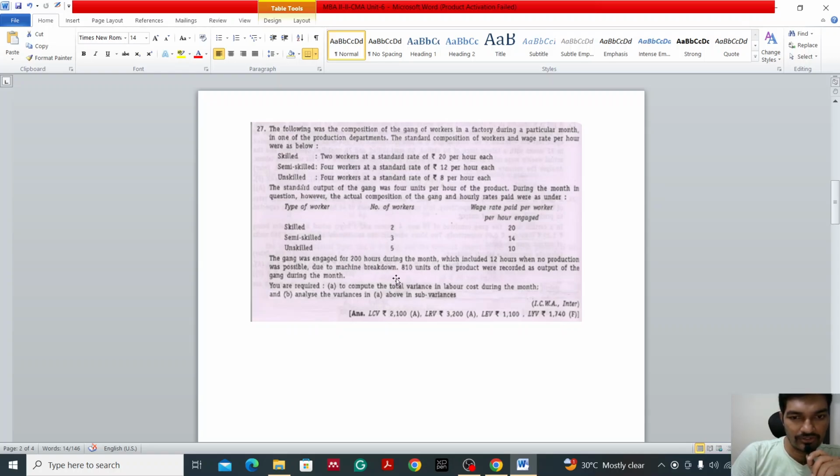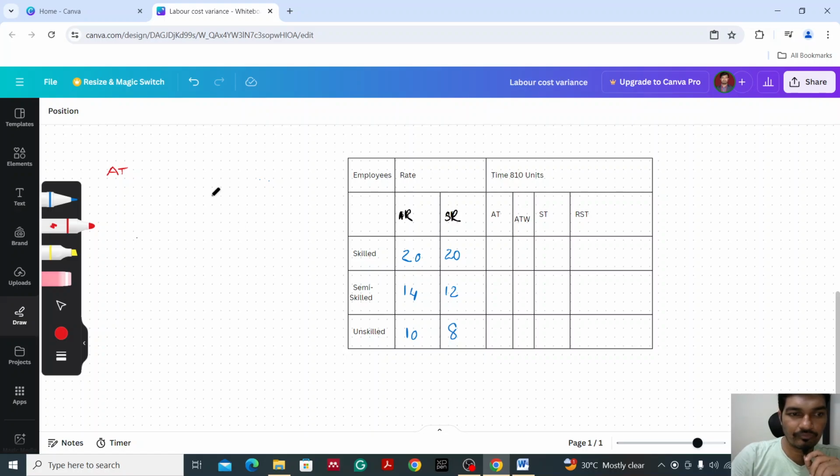The entire production department in a month spent 200 hours. So actual time can be calculated using this formula: total number of workers in each set of skill of labor, that is skilled labor or semi-skilled labor or unskilled labor, is multiplied with 200 hours, which is given in the sum.